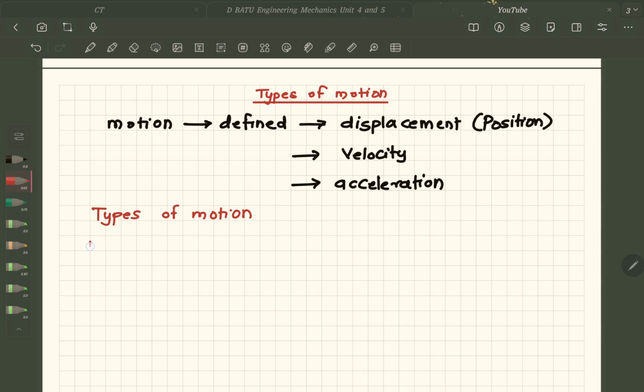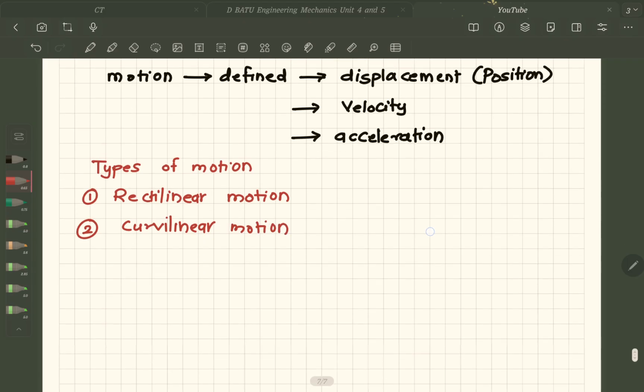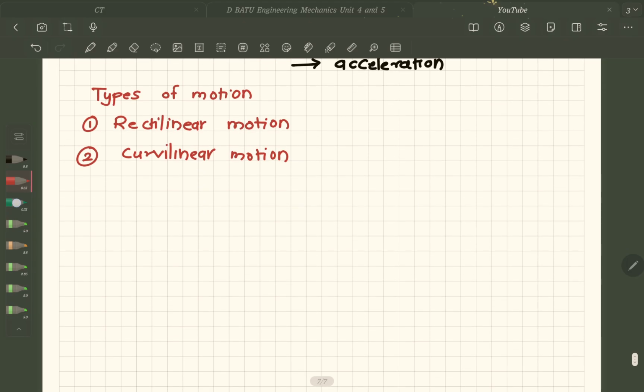One is rectilinear motion. And second, we have curvilinear motion. So when I say rectilinear or curvilinear, what does that mean? Suppose I am considering the rectilinear motion.